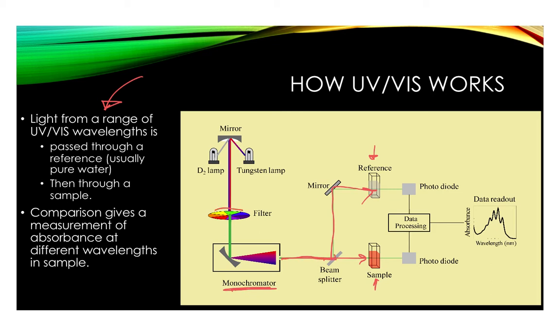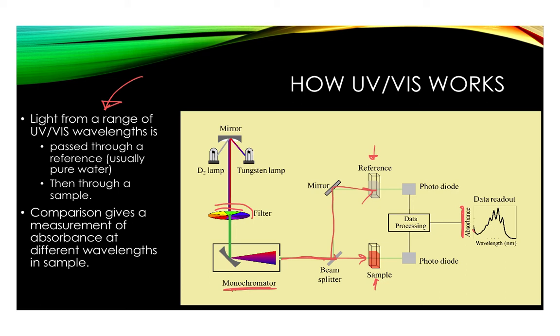And then we change those wavelengths through a filter or something like that over and over again, and you run all of the different wavelengths of light through the sample and through the reference. And then you see what wavelengths of light got absorbed by the sample. Okay, and so some wavelengths will be absorbed very highly and some not as much.